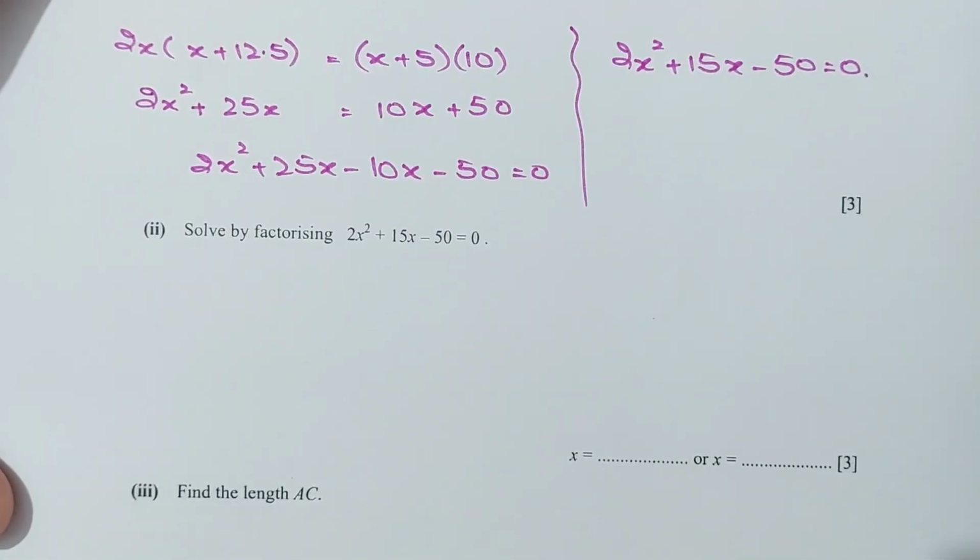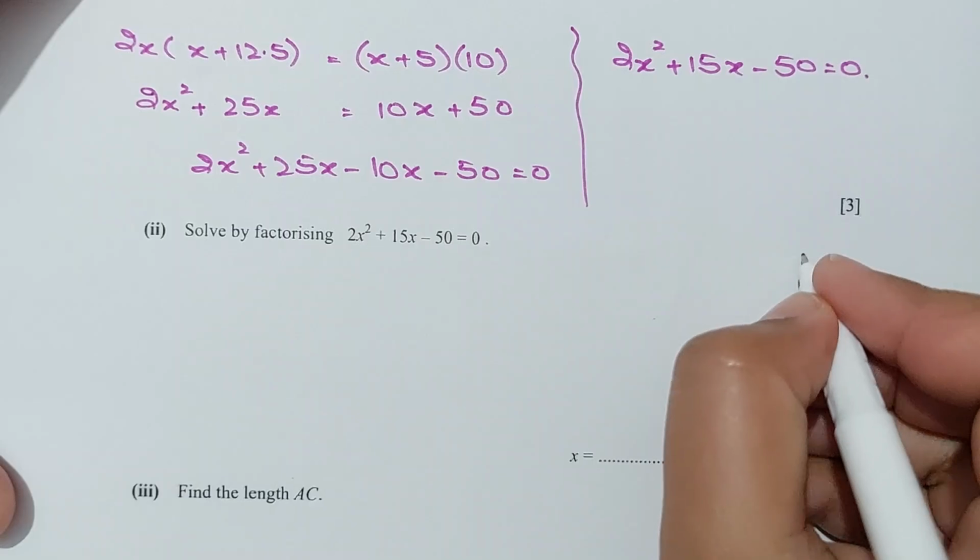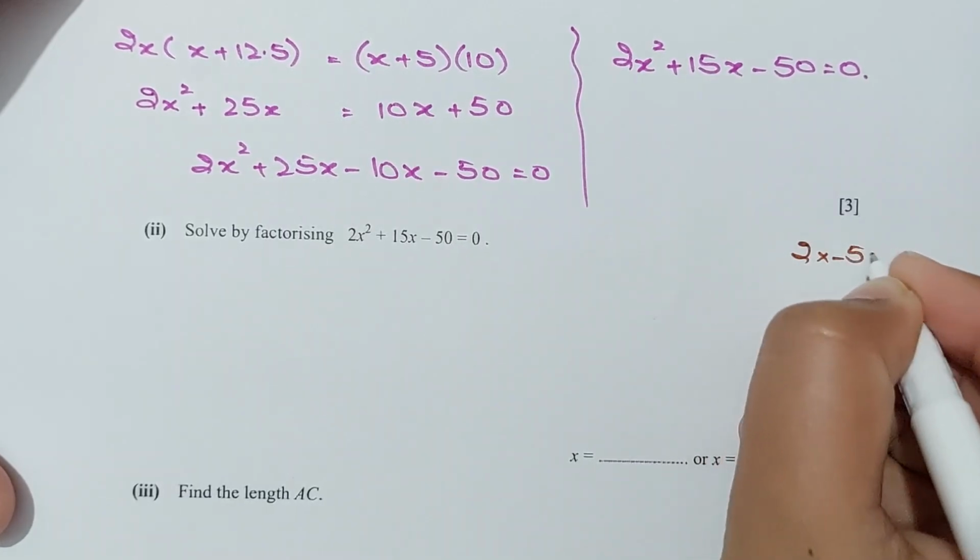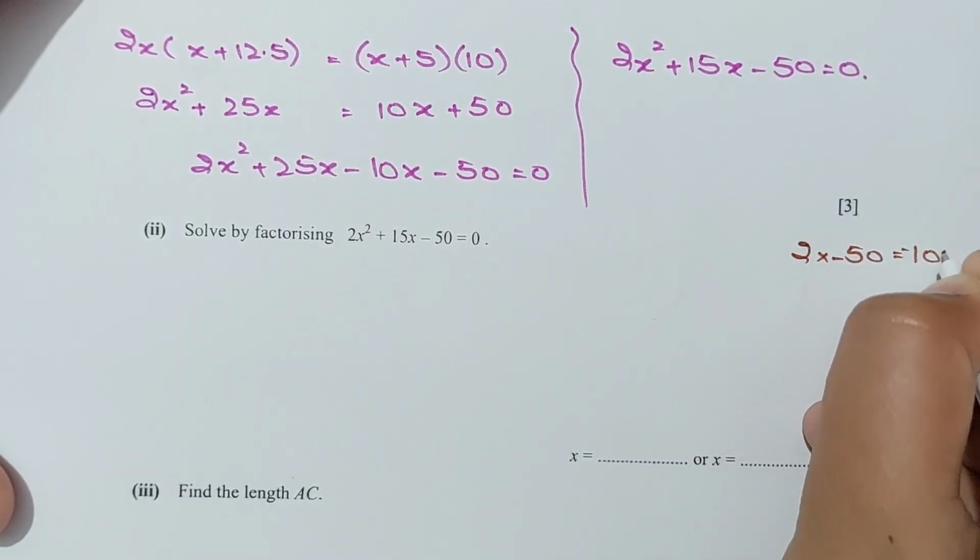Now for the second part, solve by factorization. Let me factorize this. 2 times 50 is 100.